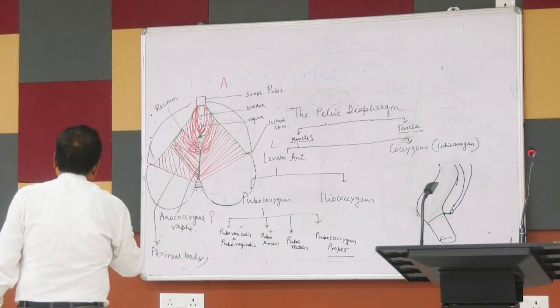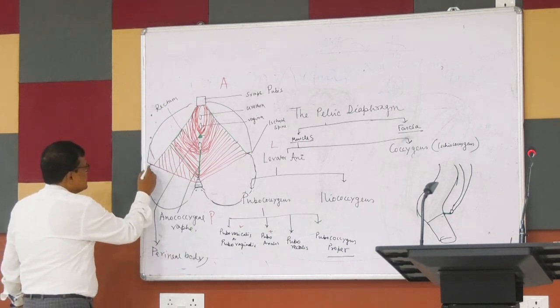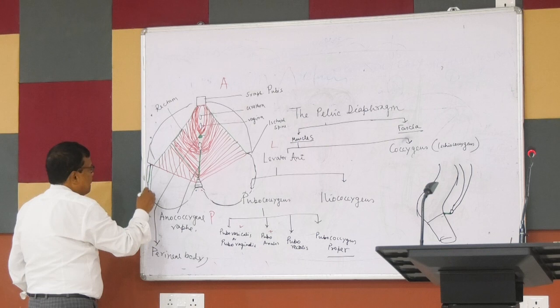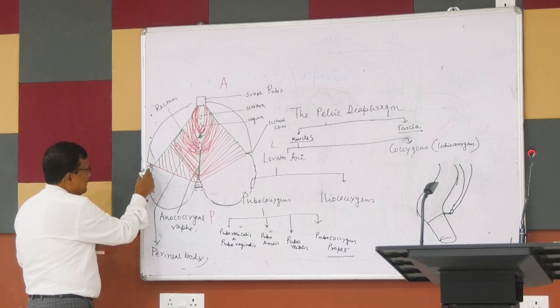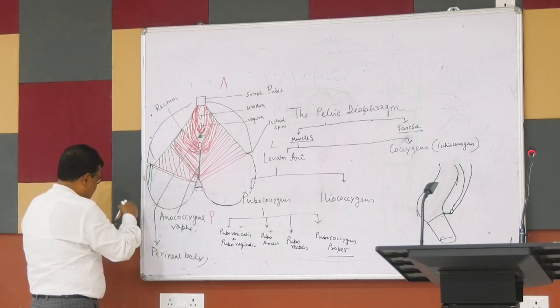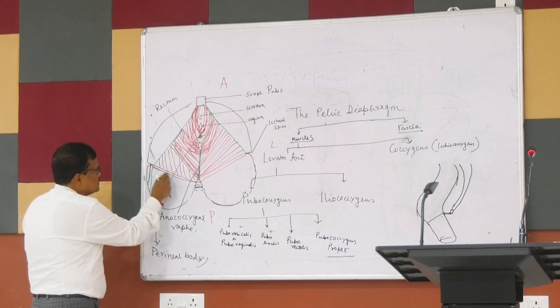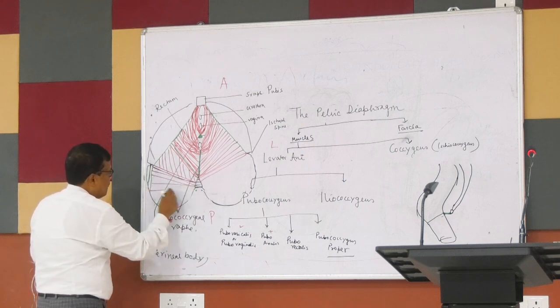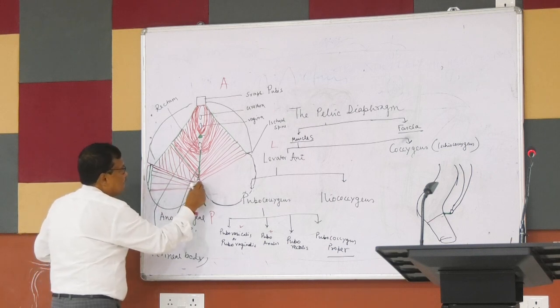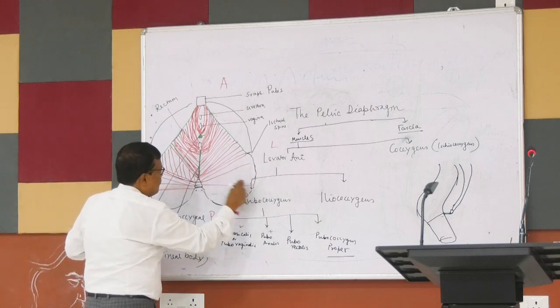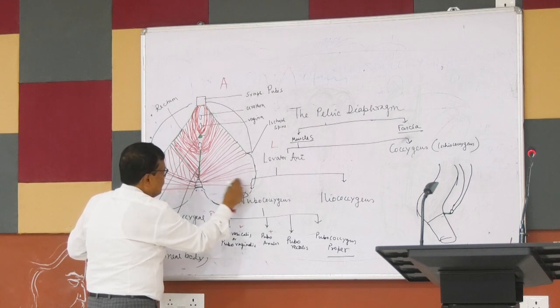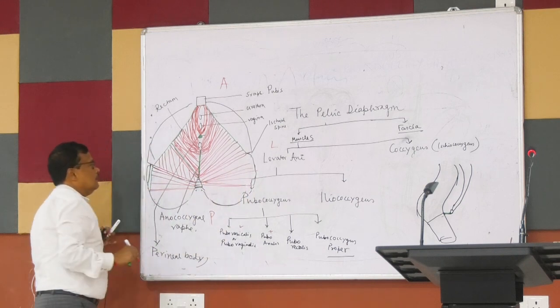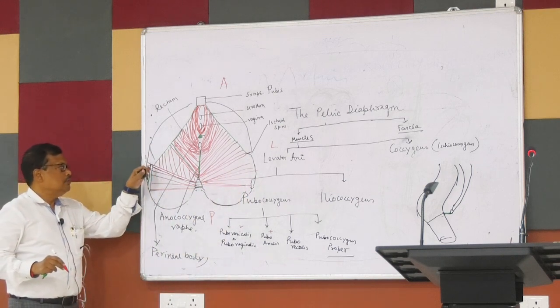So it takes origin from the ischial spine and the sacrospinous ligament and is inserted into the upper two pieces of the coccyx.